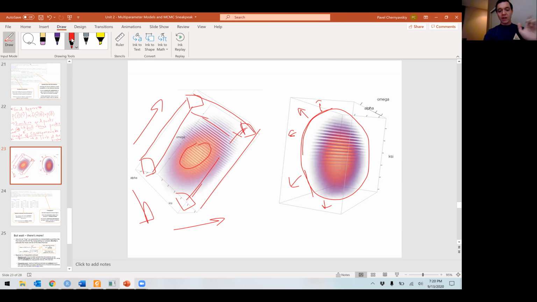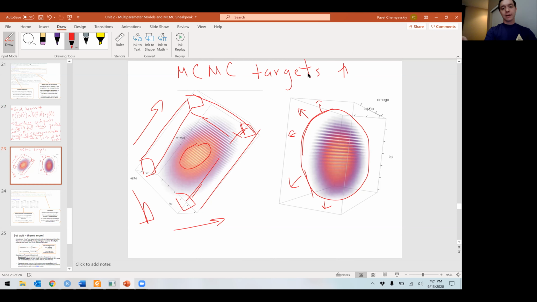So when we move into Markov chain Monte Carlo, we will see that Markov chain Monte Carlo targets the dense portion.